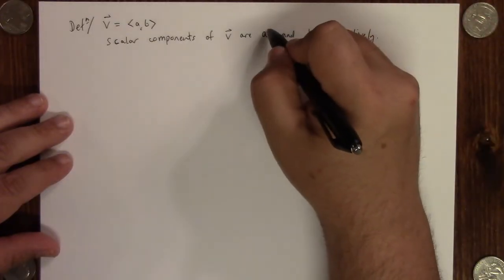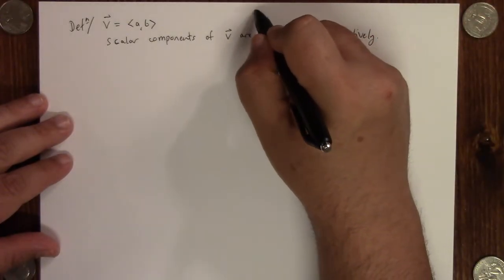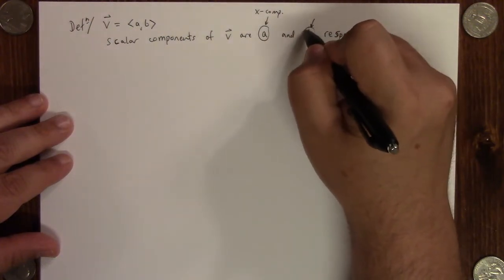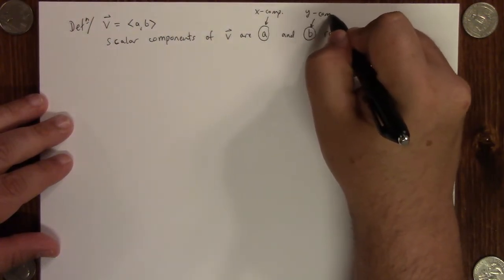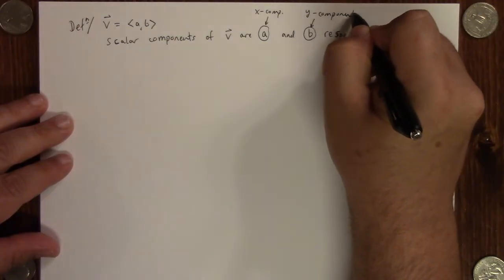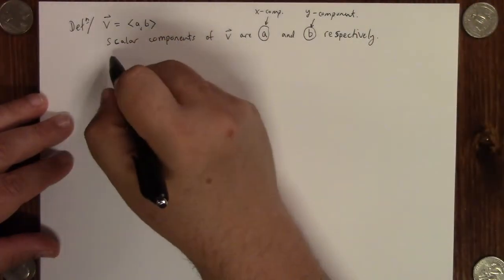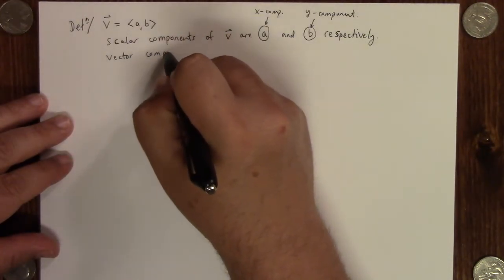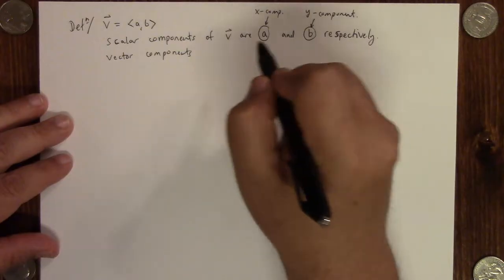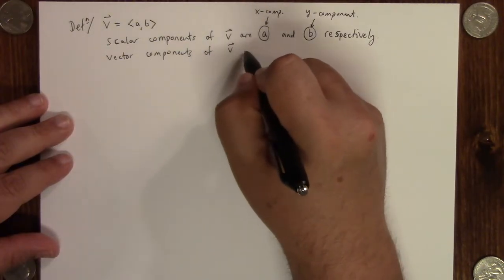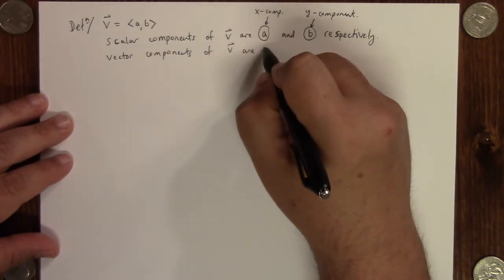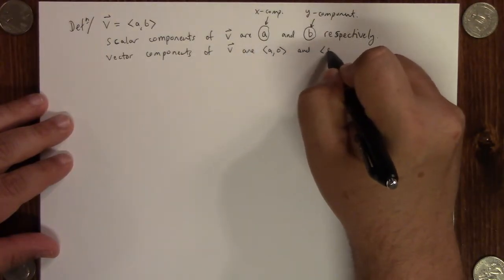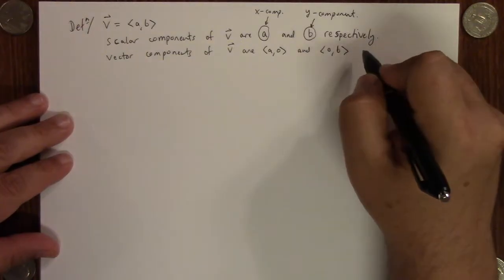In particular, a is the x component, and b is the y component. In contrast, the vector components of the vector are (a, 0) and (0, b), respectively, for the x and the y.